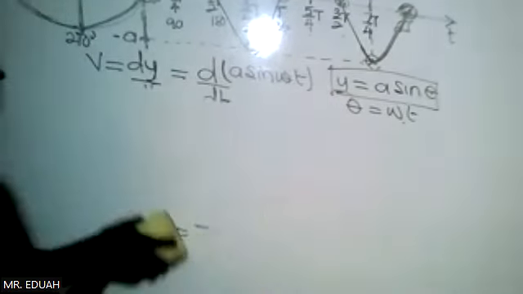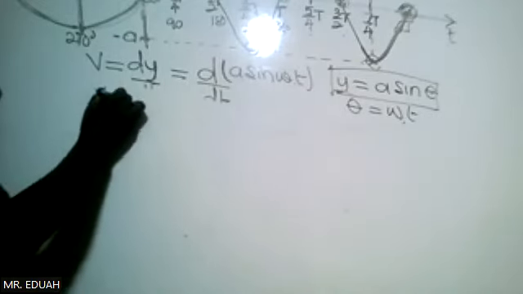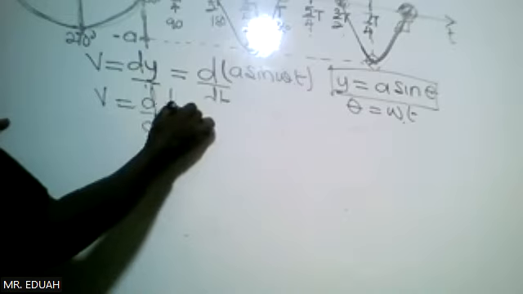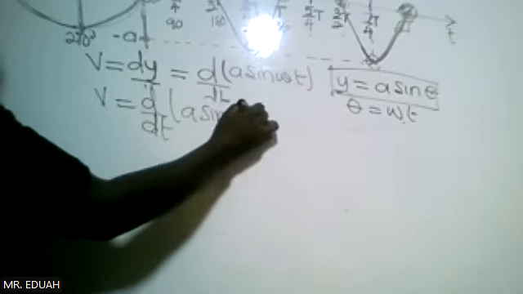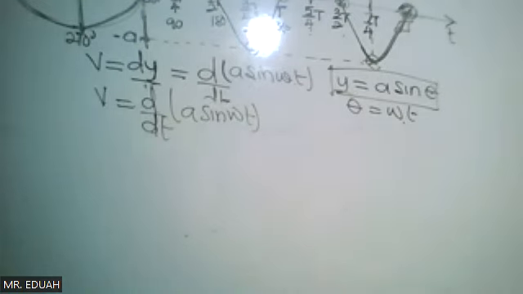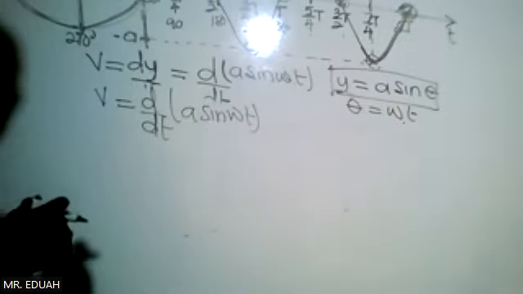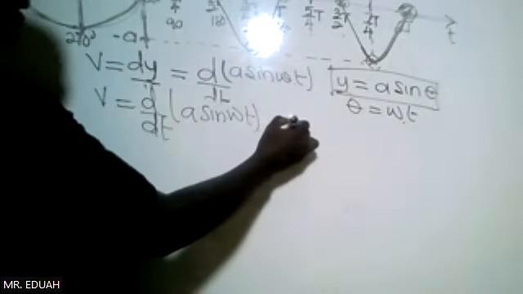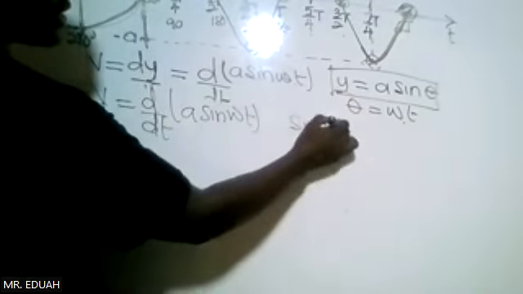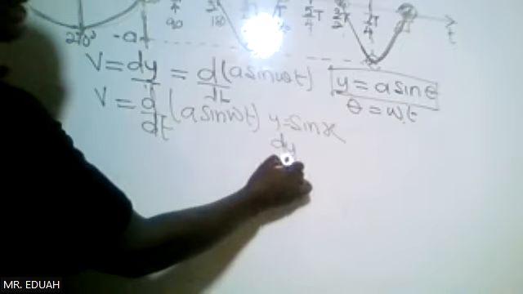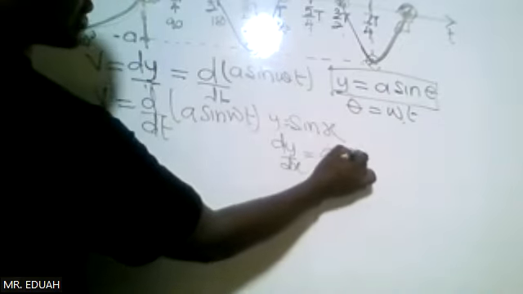So to get the velocity function, I have to differentiate this function, d by dt of a sine omega t. Now, another thing you must understand is that if I have the sine of x, the differential of sine x, dy dx, is straight away equal to cos x.